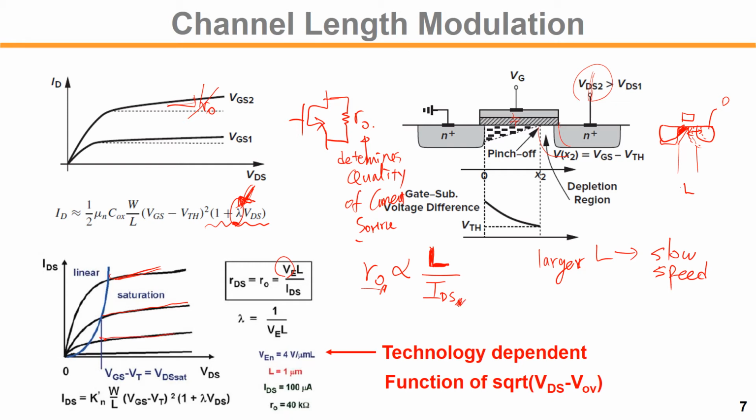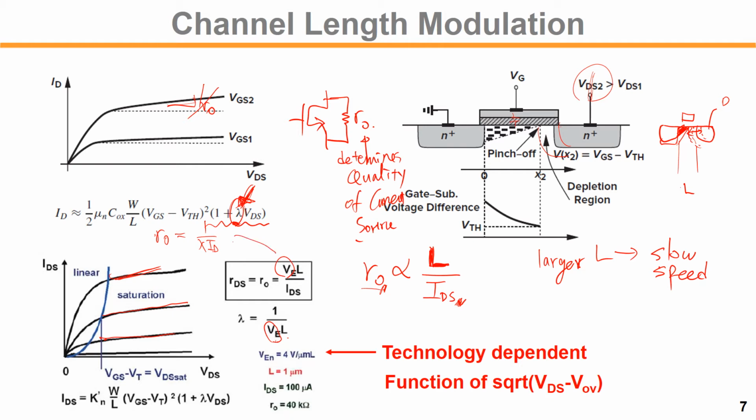So there is some tendency between IDS and L. We can find the lambda variable using the proportionality factor VE, so lambda is equal to 1 over VE L. From the undergraduate course we learned that RO is 1 over lambda ID, right?